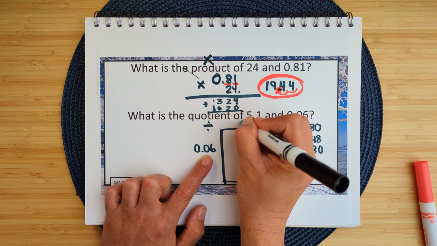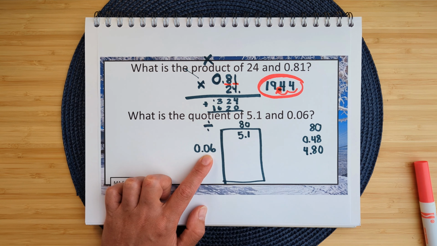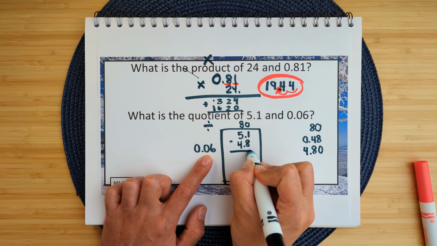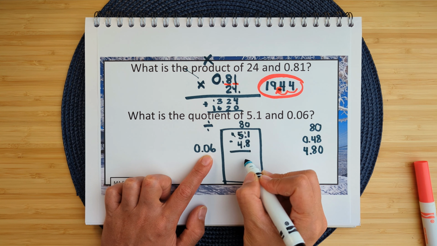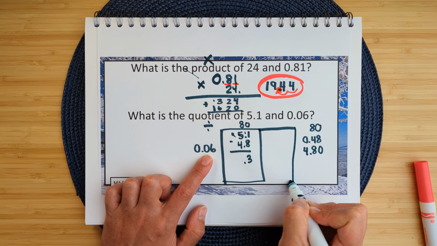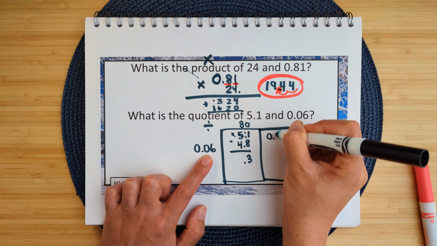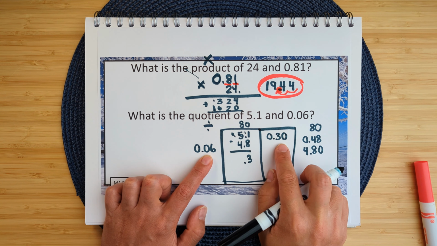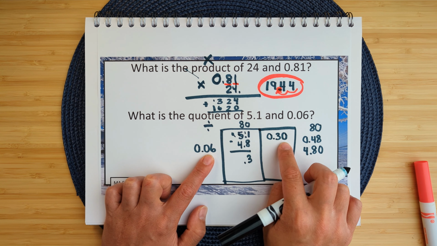So I'm going to take out 80 groups of 6 hundredths, which is 4 and 8/10ths. And I'll have a remainder of 3/10ths. Bring that out over here. And I want to look at it as 30 hundredths, so I can see how many groups of 6 hundredths can go into 30 hundredths.